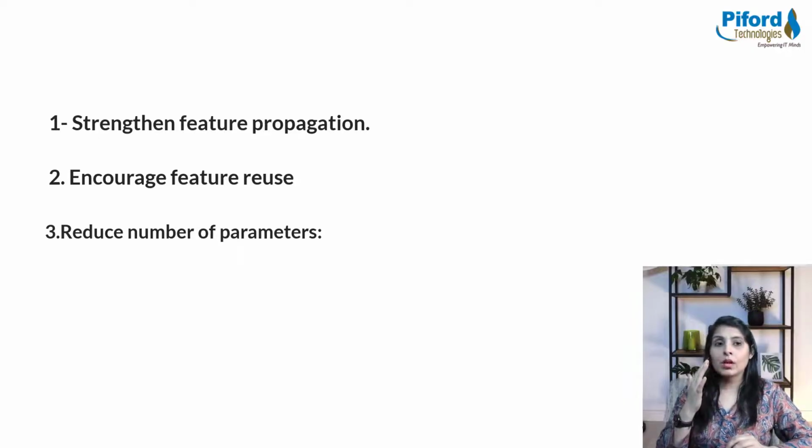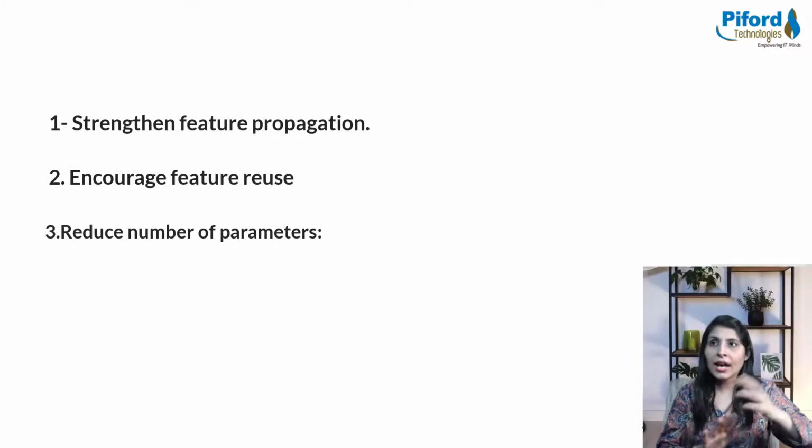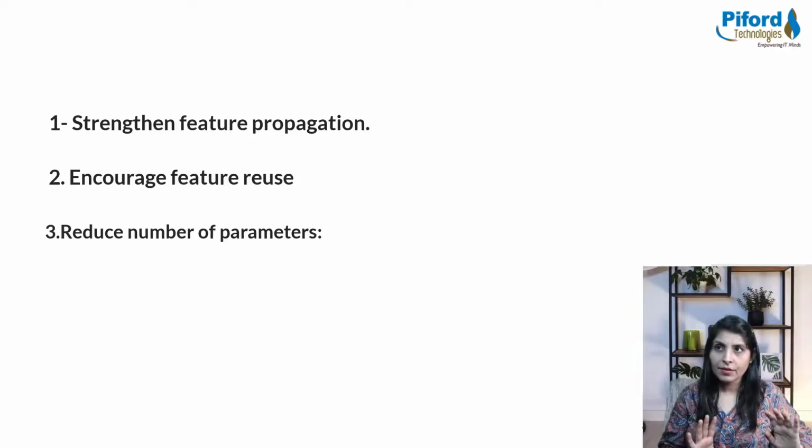Suppose the features learned by layer 1 are directly accessible by layer 5 or layer 4 or layer 6, right? So strengthened feature propagation simply means one layer already learned something, then layer 4 or layer 5 or any further layer can use that information.